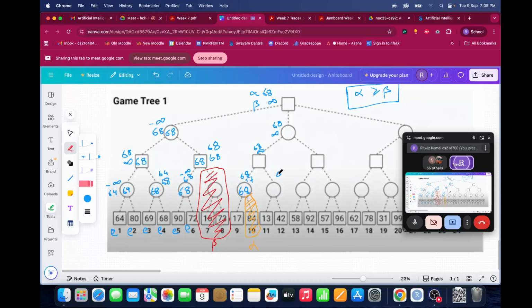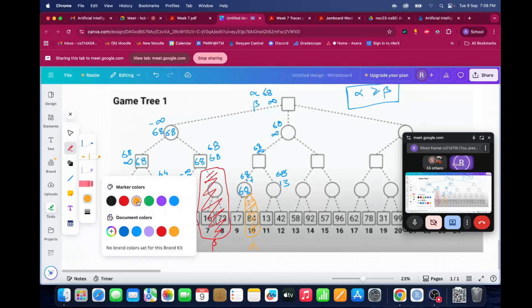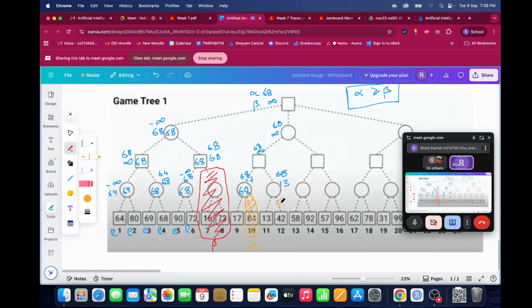This will now be passed on to this child, 68 and plus infinity. Again E11 will return a value of 13. Will any updates happen in this case? Yes, beta will be updated to 13. Again, has a cutoff been reached? Yes, alpha is greater than beta. So we will have one more alpha cutoff and this part of the subtree will be cut off.